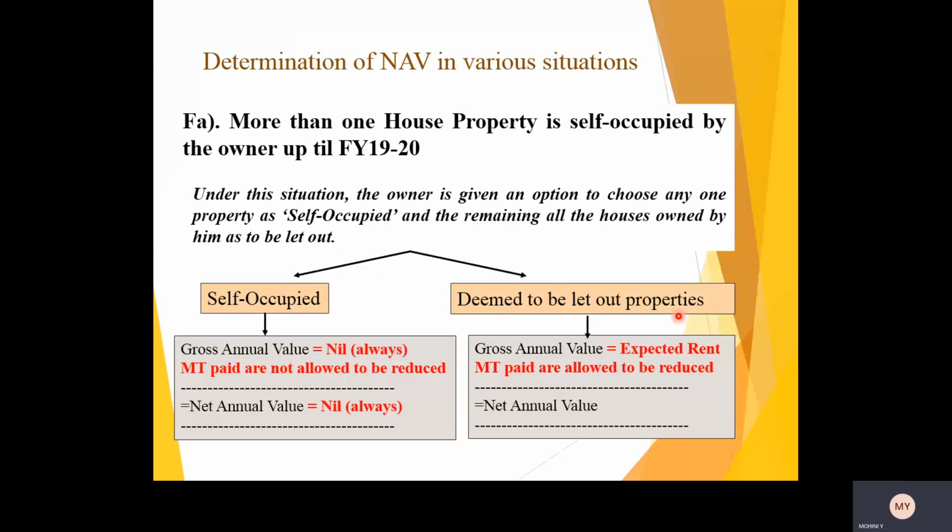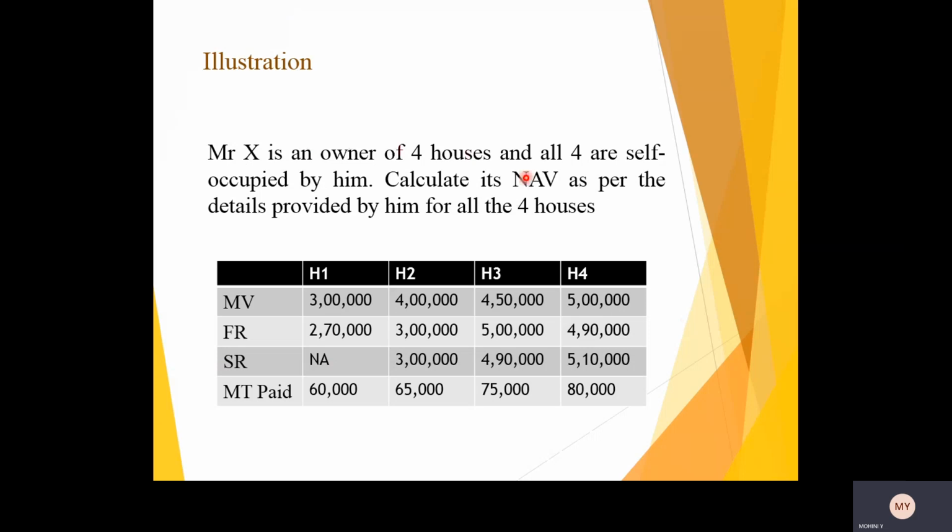Okay, we'll understand this with the help of an example. For example, Mr. X is an owner of 4 houses, and all 4 are self-occupied by him. Self-occupied in the sense that in one house maybe his eldest son is living, in another his younger son, in the third his parents might be living, and in the fourth he himself is living.